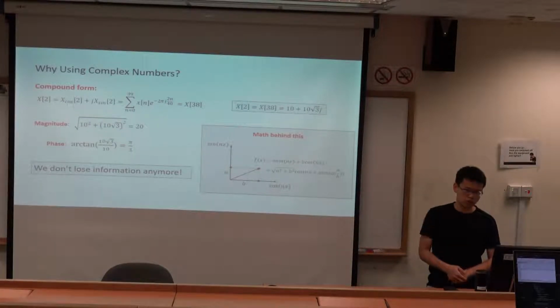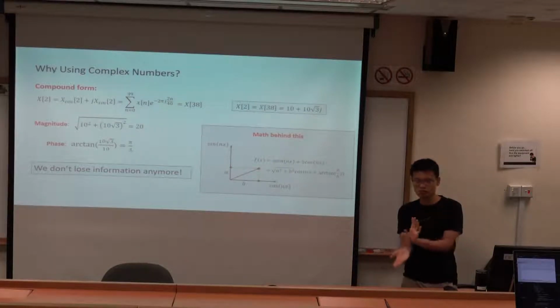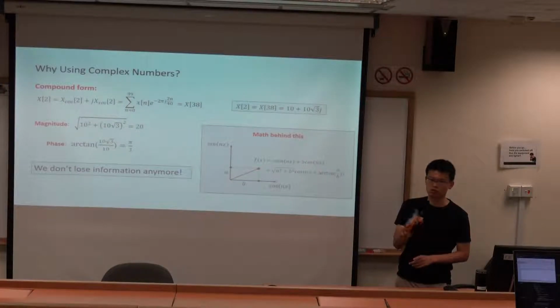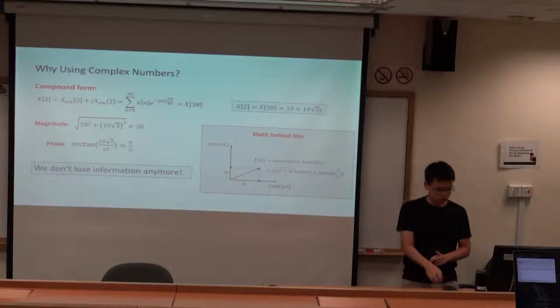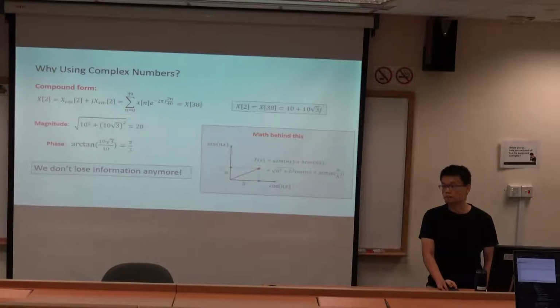And when you do the correlation between the original function and the cosine basis, you're actually projecting your signal onto that cosine frequency. And of course, you're projecting again onto the sine frequency. And since cosine and sine are orthogonal, you can reproduce that signal using this method.